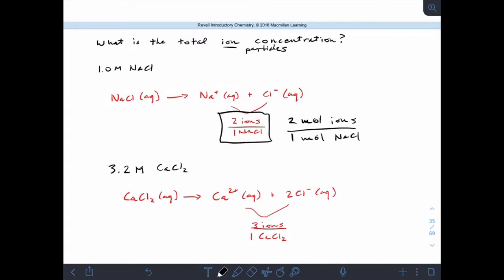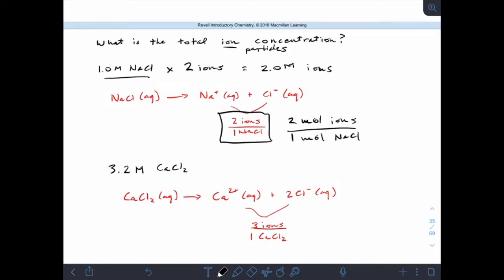Those are the same thing. So if I start with 1 molar sodium chloride and I want to know the total ion concentration, I can just multiply by the number of ions. That tells me that I have 2 molar ions in solution.